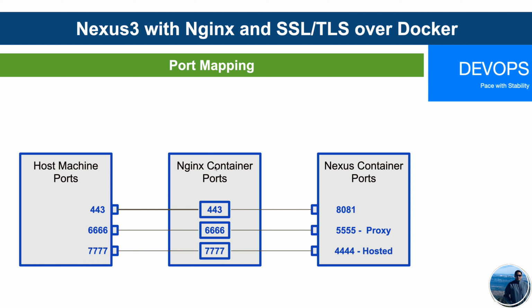But when it goes from nginx to the Nexus container, 443 redirects it to 8081, 6666 redirects it to 5555, which is going to be our Docker proxy registry, and then port 7777 of the nginx container is redirecting it to port 4444 of the Nexus container, which is going to be our Docker hosted registry.